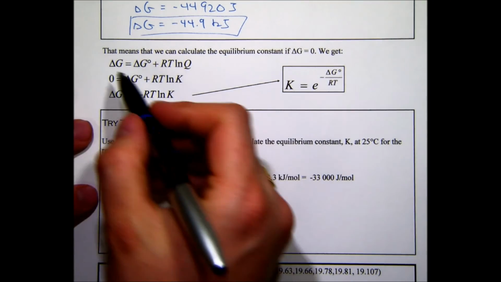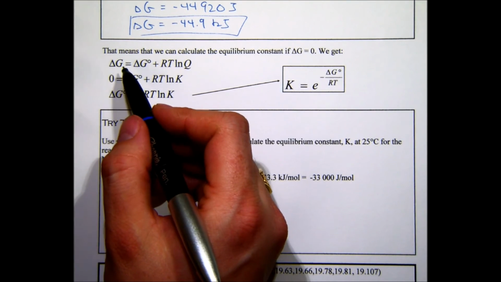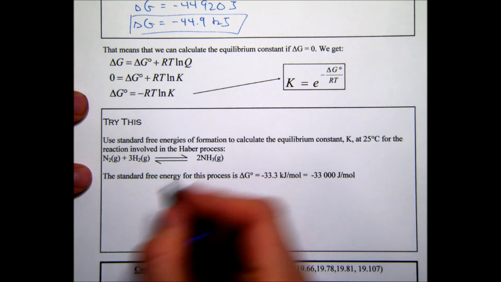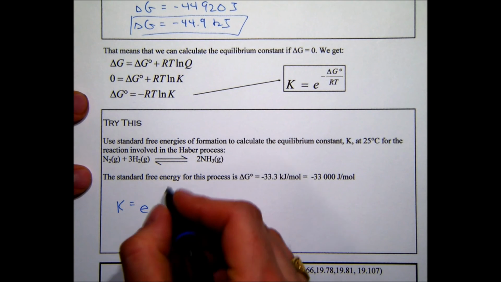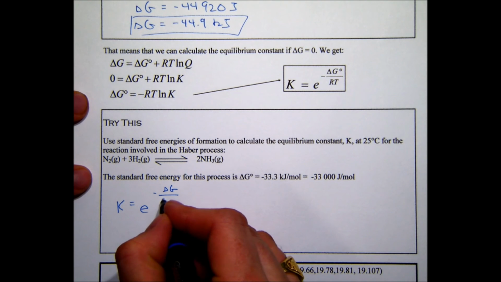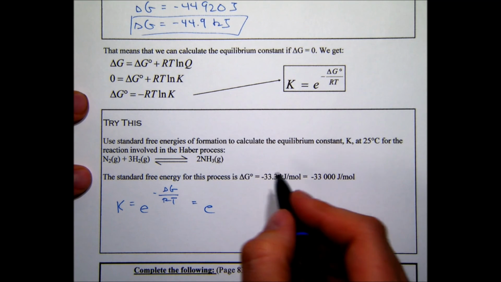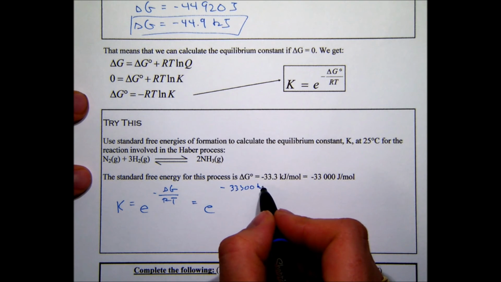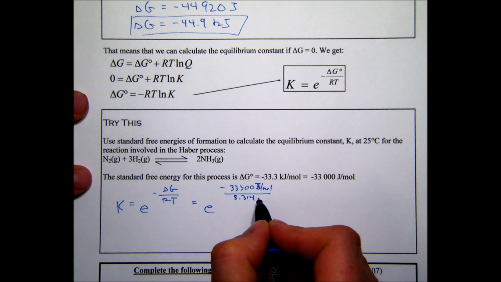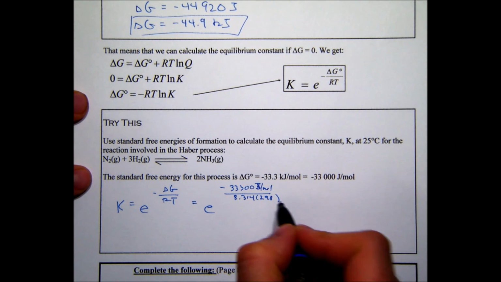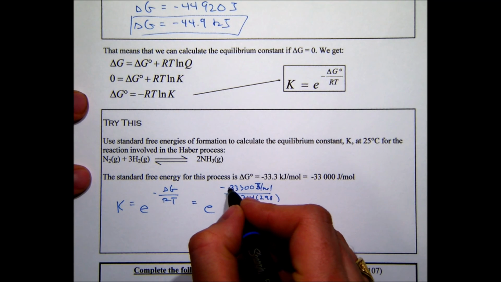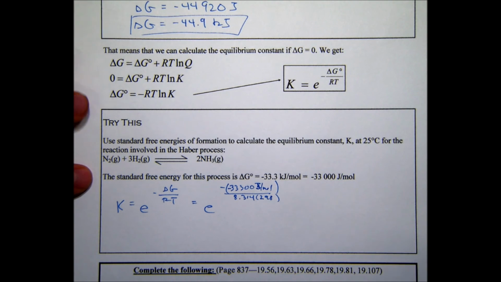So if we set delta G equal to 0, which is what we need for equilibrium, we can change Q to K. Then we can rearrange and solve for K. K is equal to e to the negative delta G over RT, which is e to the negative negative 33,300 joules per mole over 8.314 times 298. Delta G is negative, so we have 2 negatives there to make it positive.